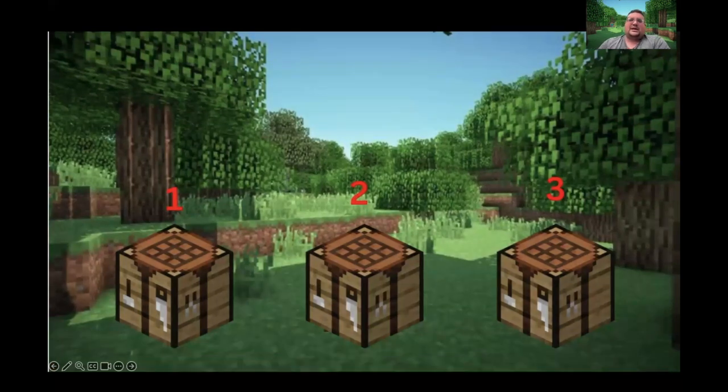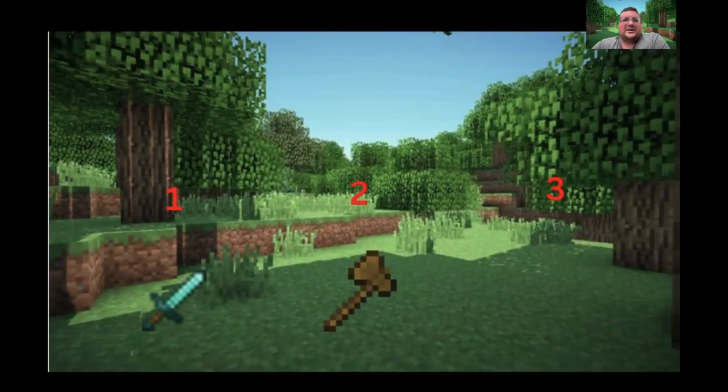Which one's it going to be? So there it is. Number 1 has the diamond sword. Number 2 has the wooden axe. And if you picked number 3, you didn't get any weapon at all. But that's all right. We're going to take a look now at what food we're going to get.